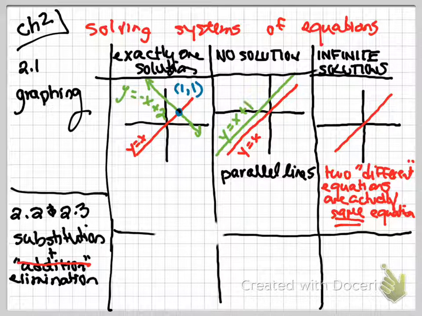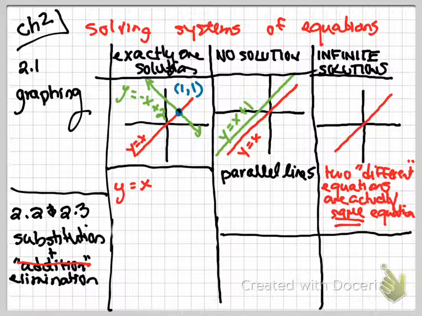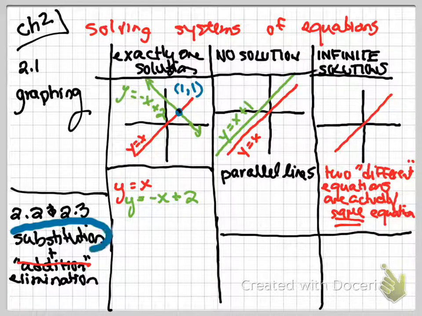Let's say we're given the equation y equals x, and we're also given the equation y equals negative x plus 2. What substitution has us doing is taking y equals x.